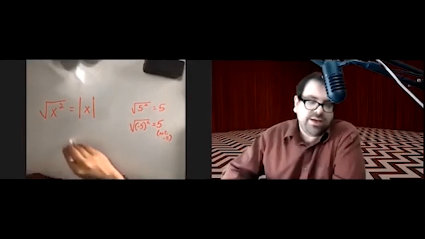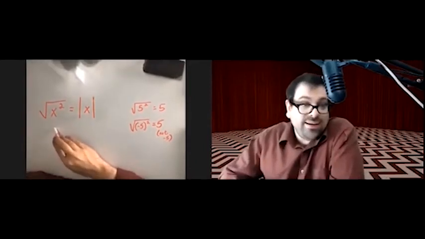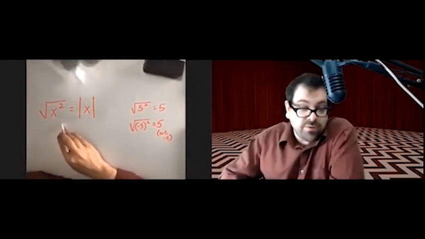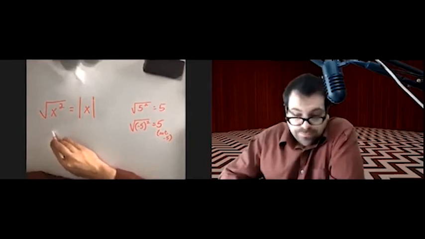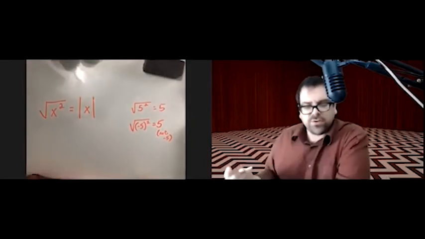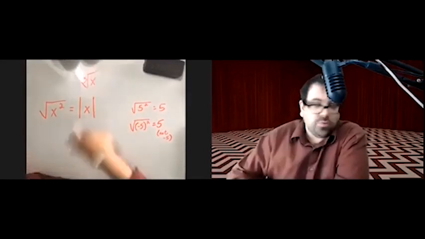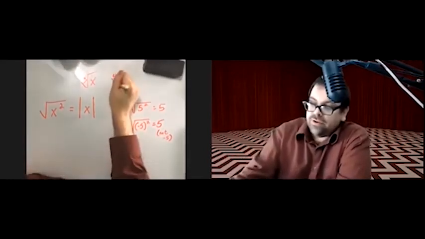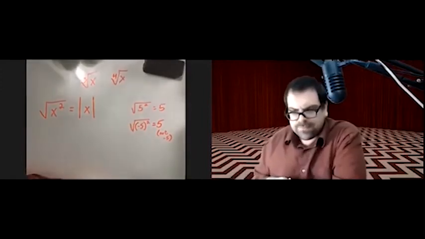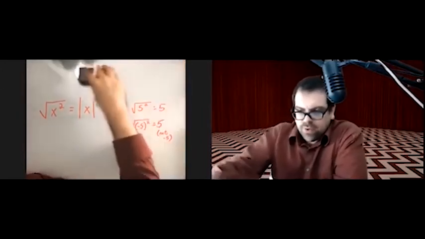This is actually needed for any even exponent and even root, because we don't just have square roots, we also have cube roots, we have fourth roots, and they work the same way.